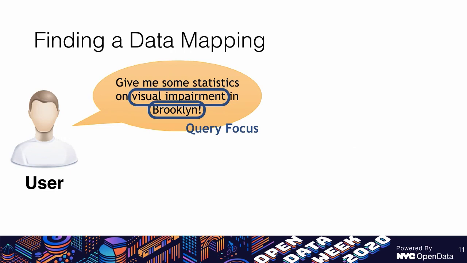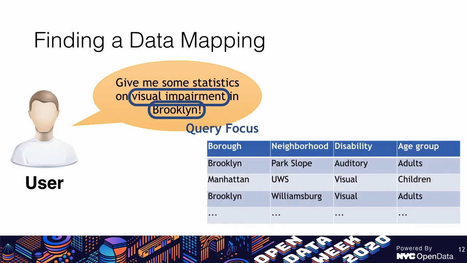So let us assume, for instance, that in our data we have one large table which has columns, for instance, for indicating the borough, the neighborhood, the type of disability, as well as the age group. And this input query then translates into restrictions on those columns.